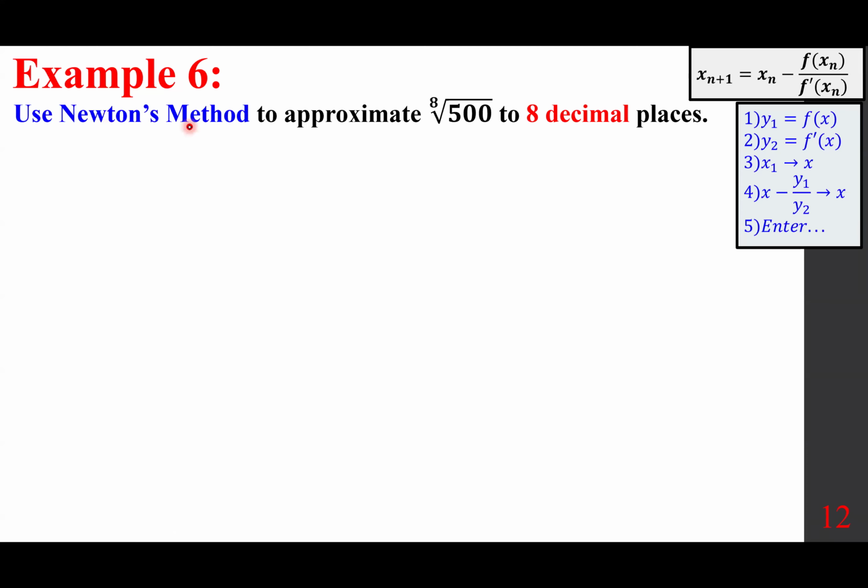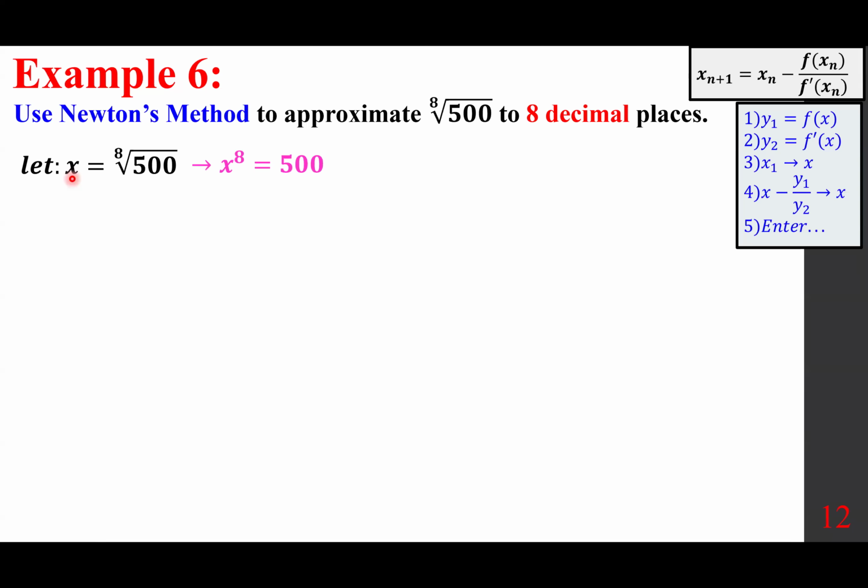Use Newton's method to approximate the 8th root of 500 to 8 decimal places. I have the general format and I have this programming. I'm going to explain it in a moment. First and foremost, I need to know what is my function, what is f prime of x. So I'm going to set this equal to x. Let x represent this number. If I raise both sides to the power of 8, I get x to the power of 8 equals 500.